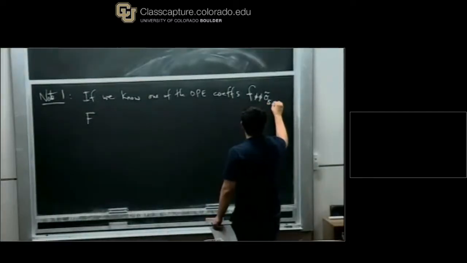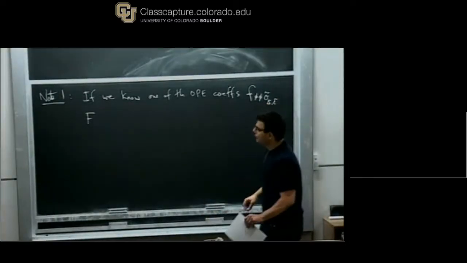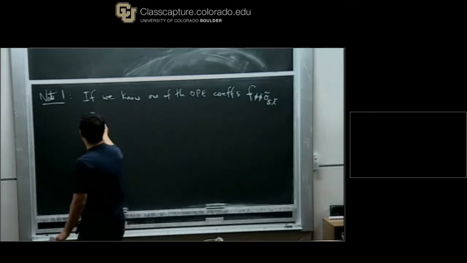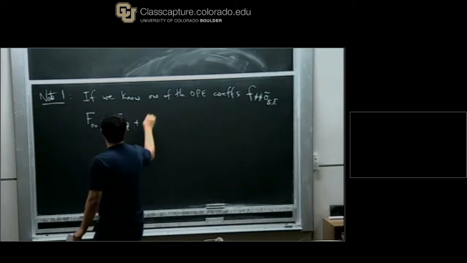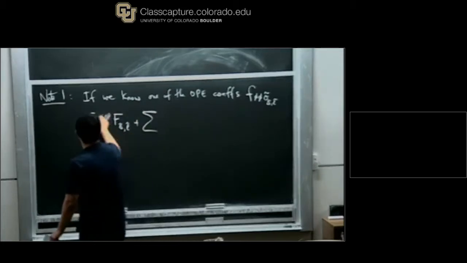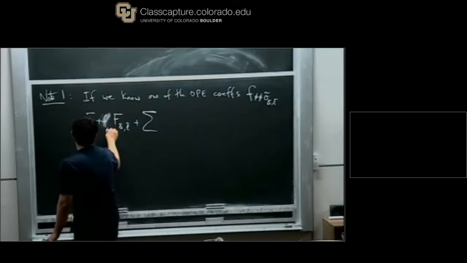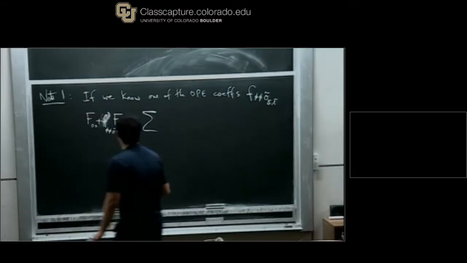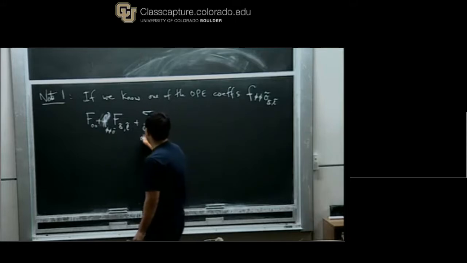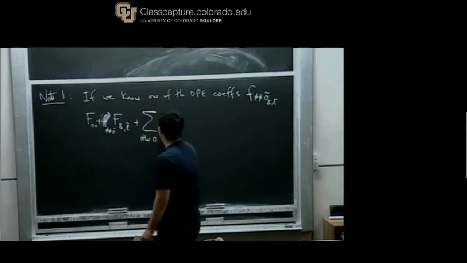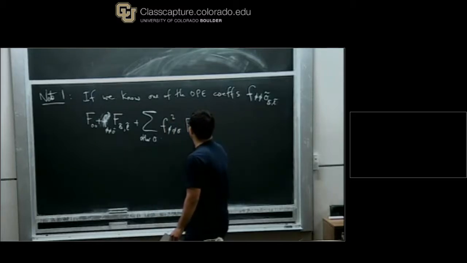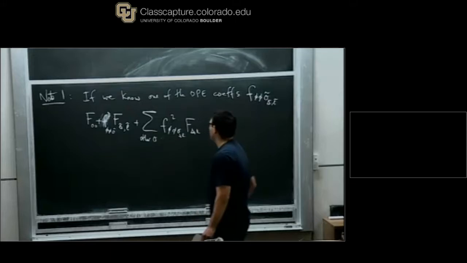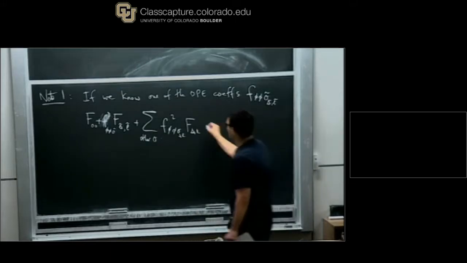So suppose O tilde has dimension delta tilde and spin L tilde. So f 0, 0 plus f delta tilde L tilde times the OPE coefficient that we know, f phi phi O tilde squared, plus the sum over all the other operators, f phi phi O squared f delta L, where delta and L are the scaling dimension and the spin of this operator O, is equal to 0.